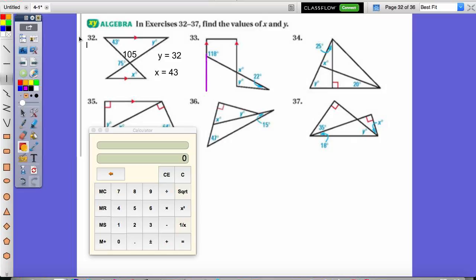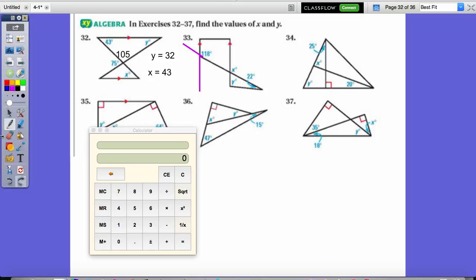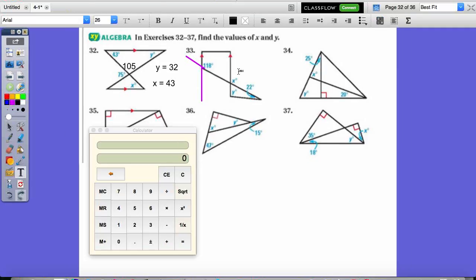So if you imagine the line continuing that way and continuing that way, that might be a little bit easier for you to see that x and 118 are corresponding. So x is 118. Okay, now this doesn't help you with anything parallel here. So this is 118. This other angle inside there, 180 minus 118 is 62.